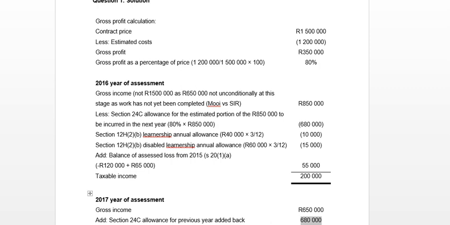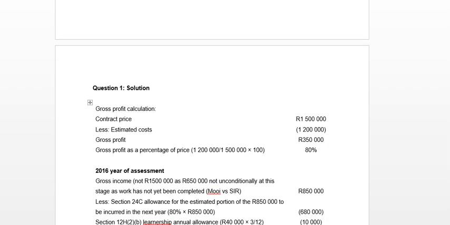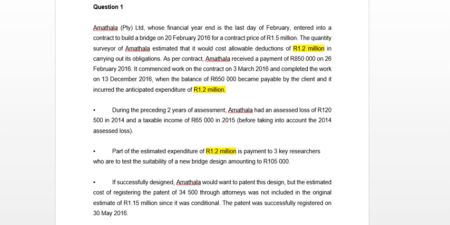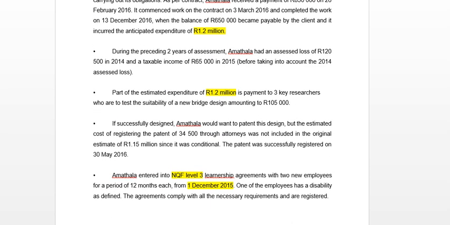I did it here. So you may add back the balance of the assessed loss from 2015 in terms of section 21A. So it's your loss of 120,000 Rand plus then the 65,000 Rand taxable income. So you may only add back the 55,000 Rand. So that's fairly simple.